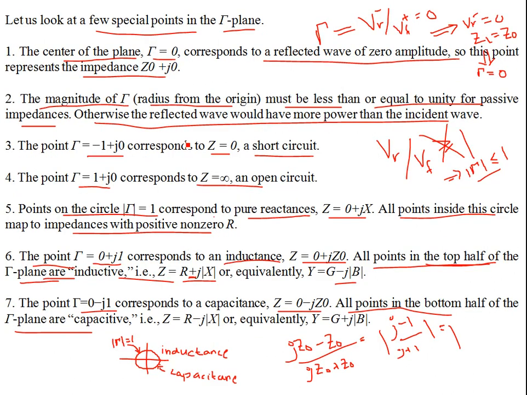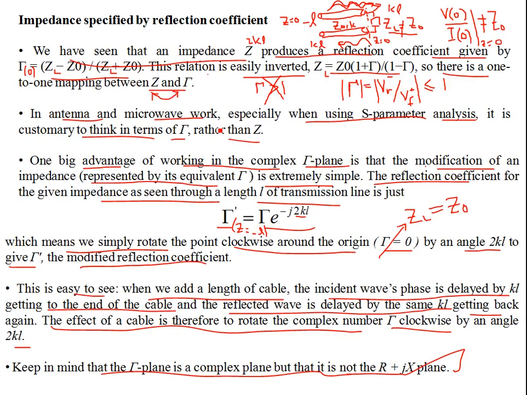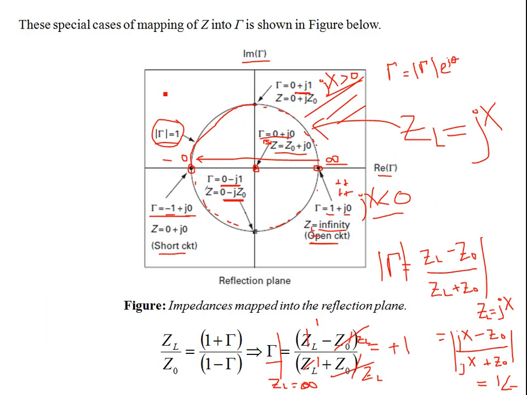On the gamma plane, you know how the plane bifurcates into inductive and capacitive loads, what short circuit and open circuit mean in terms of gamma, and what the gamma equal to 1 circle means. So these points are easily verifiable if you know how to calculate gamma and what gamma means. It's not very hard to see.